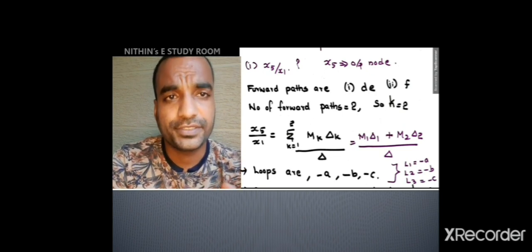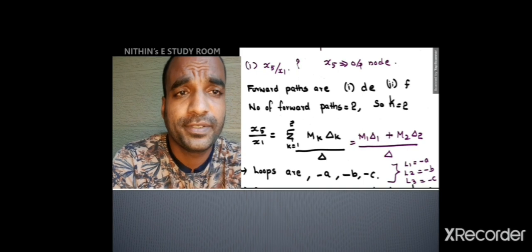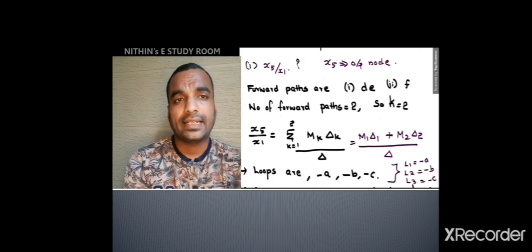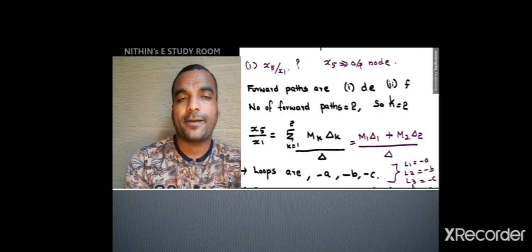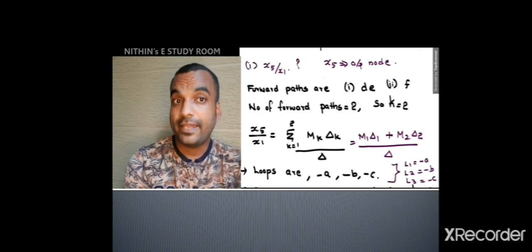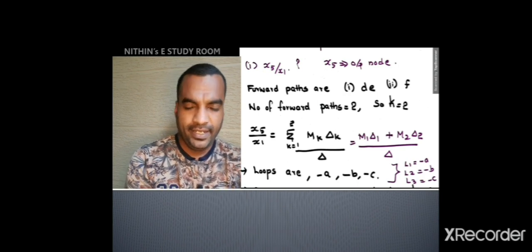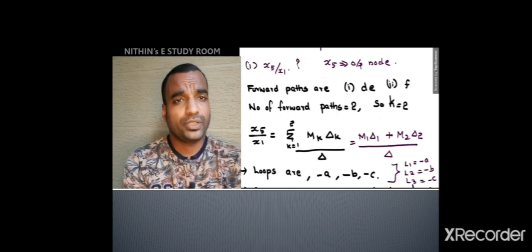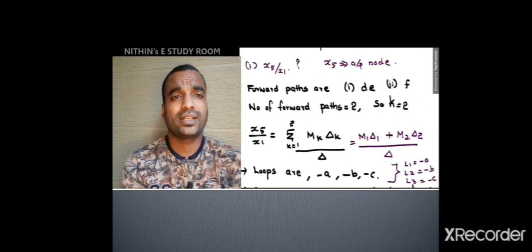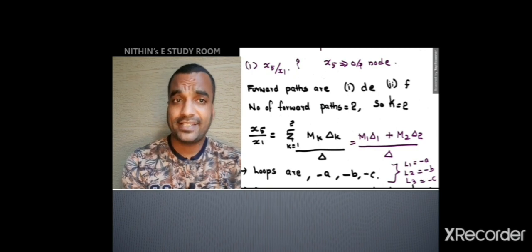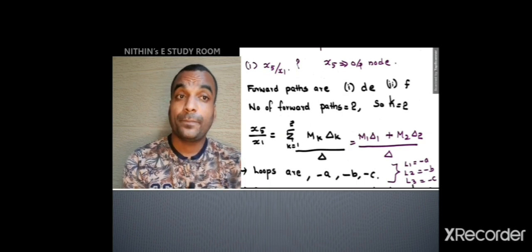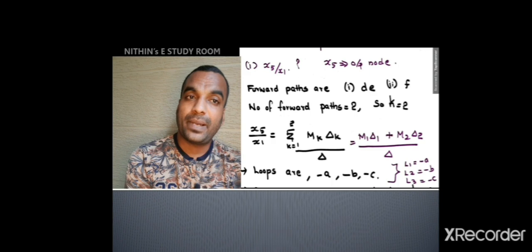So x5 by x1 is equal to sigma k from 1 to N of Mk delta k, all divided by delta. We know that there are only two forward paths and N is 2. So you can rewrite the equation by eliminating the sigma term: M1 delta 1 plus M2 delta 2, all divided by delta.